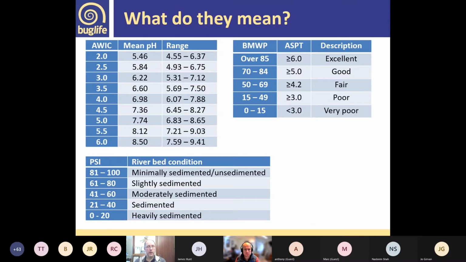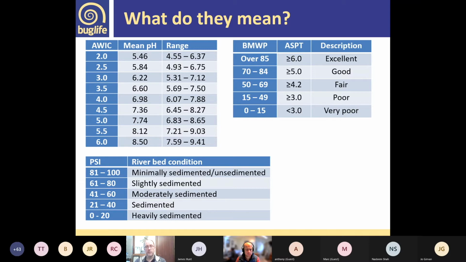What do they mean? Well, here are just some of the interpretations of these scores. For instance, the AWIC score, which looks at acidification, gives you quite detailed information. It gives you ranges of pH that you can expect with the scores you've received. The BMWP score we've just seen gives you a fairly broad banding.